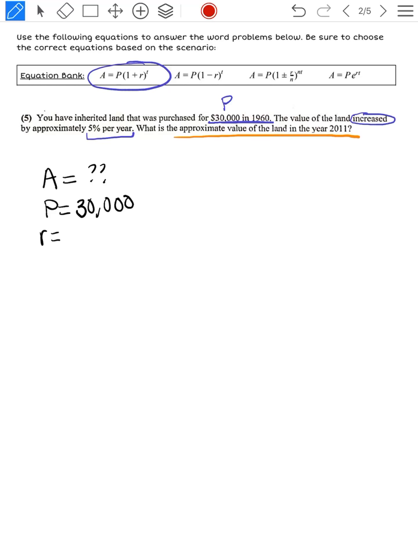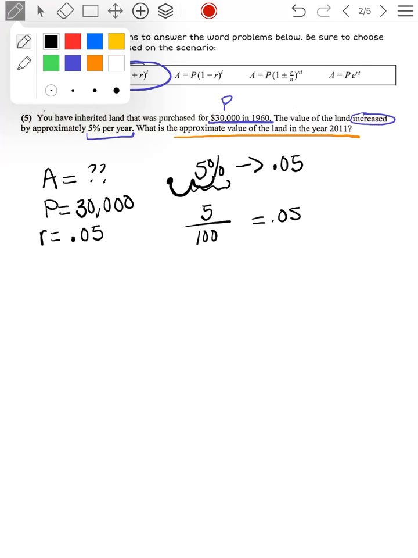And R is my rate, and they tell me that my rate is 5%, but I want to convert that into a decimal. So 5% as a decimal is 0.05. If you're not sure how to find that, you can either take the percent and move it to the left twice and get 0.05, or you can always take 5 and divide it by 100 in your calculator, and that will get you 0.05. So my rate is 0.05.